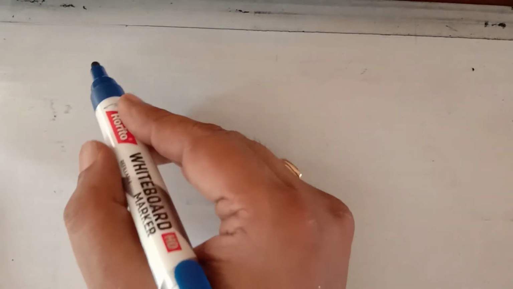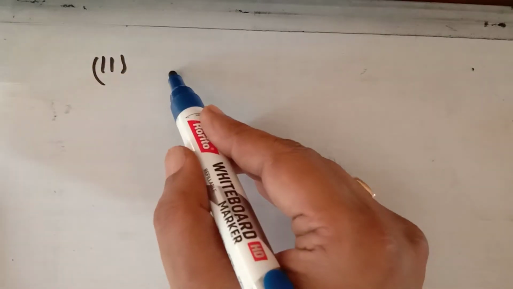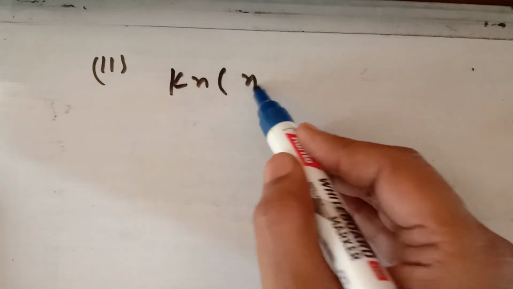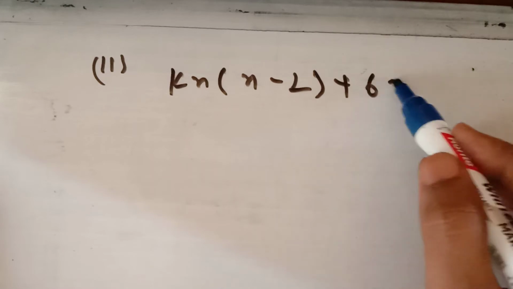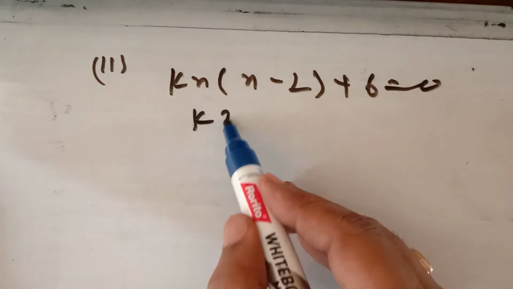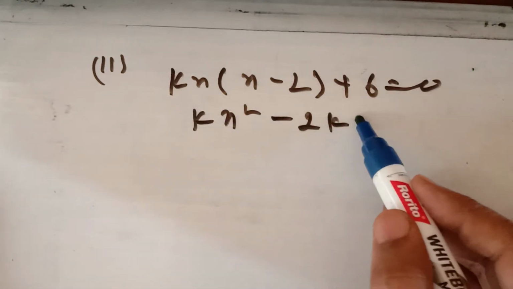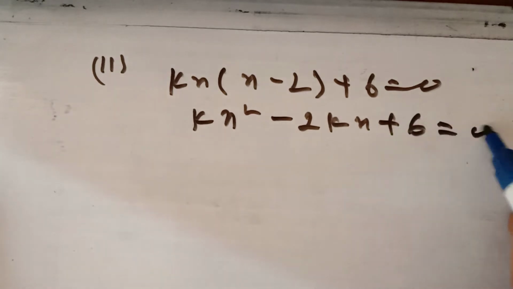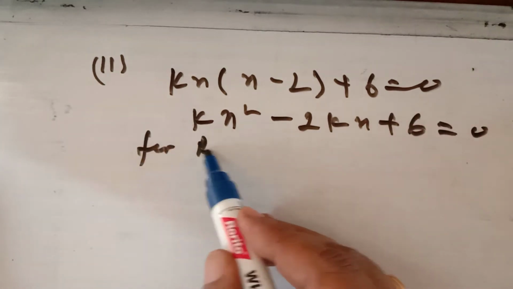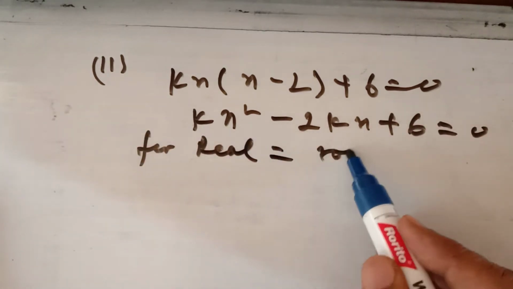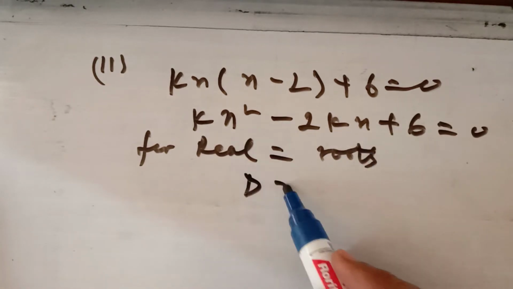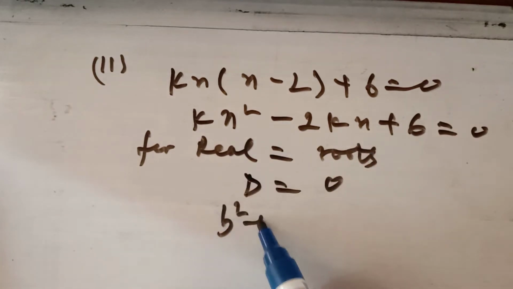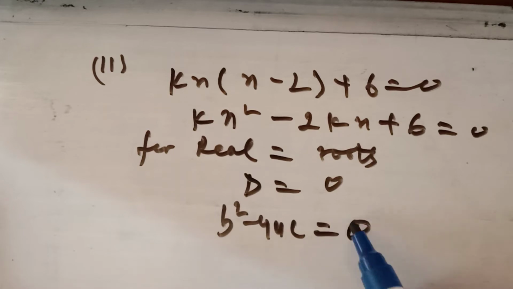In the second part also, the roots are given as real and equal. What is the equation? It is kx(x minus 2) plus 6 equal to 0. First of all, you convert it into the standard form of the quadratic equation. For real and equal roots, D will be equal to 0, that is b square minus 4ac equal to 0.